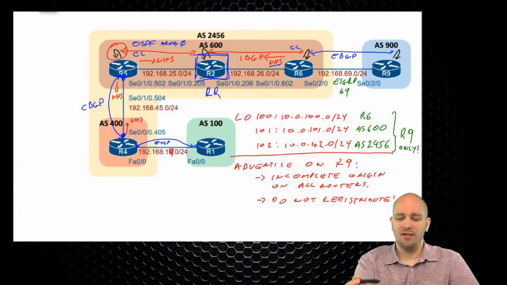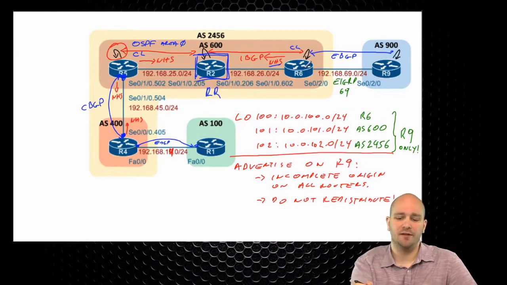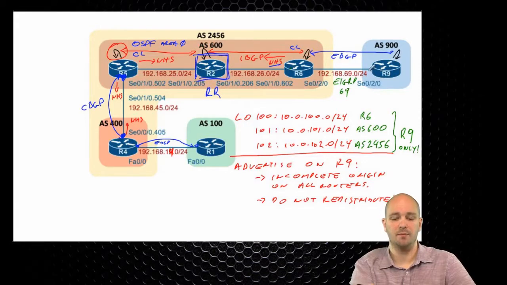Well, what I could do is implement the filter on R6 in the outbound direction towards R2 that allows the routes 101 and 102, but it does not allow route 100. Also, keep in mind that there is that loopback of R9 that we have to keep in mind.